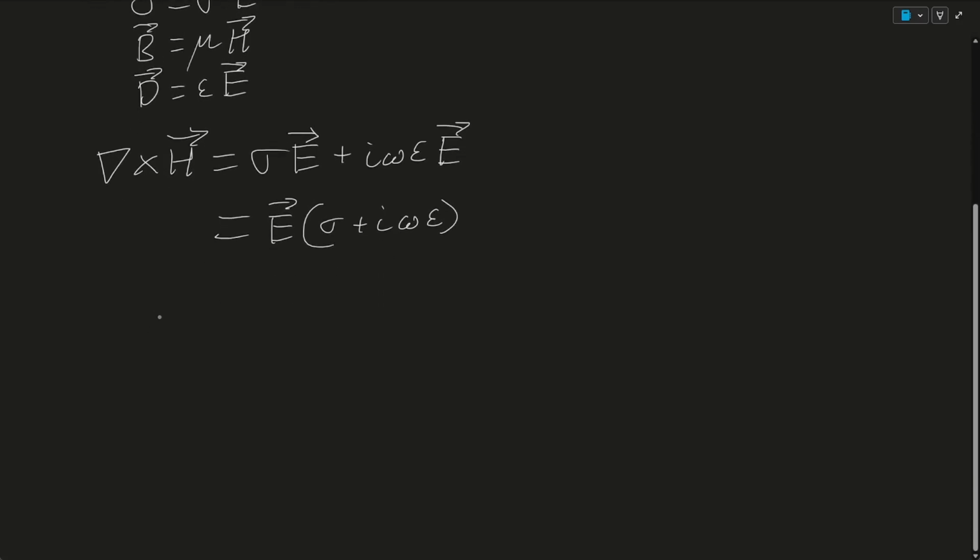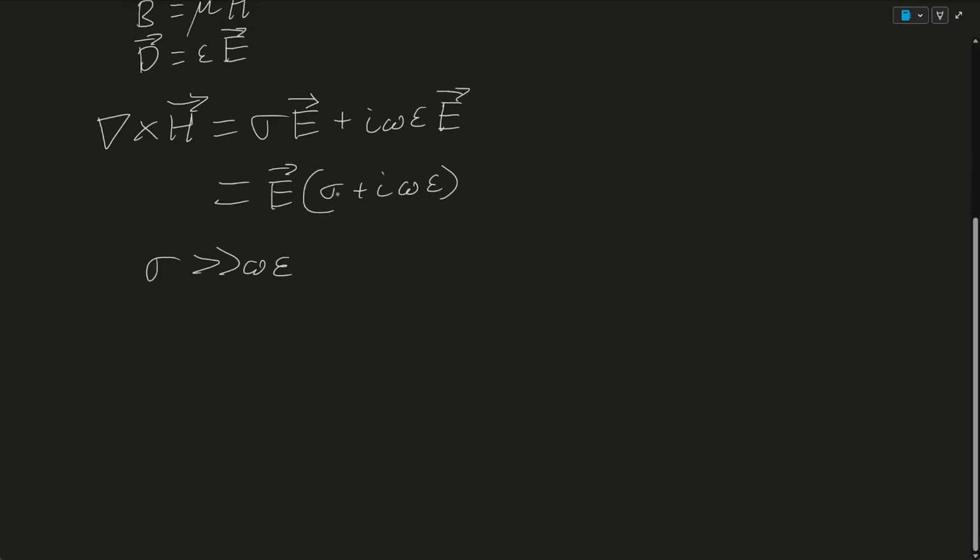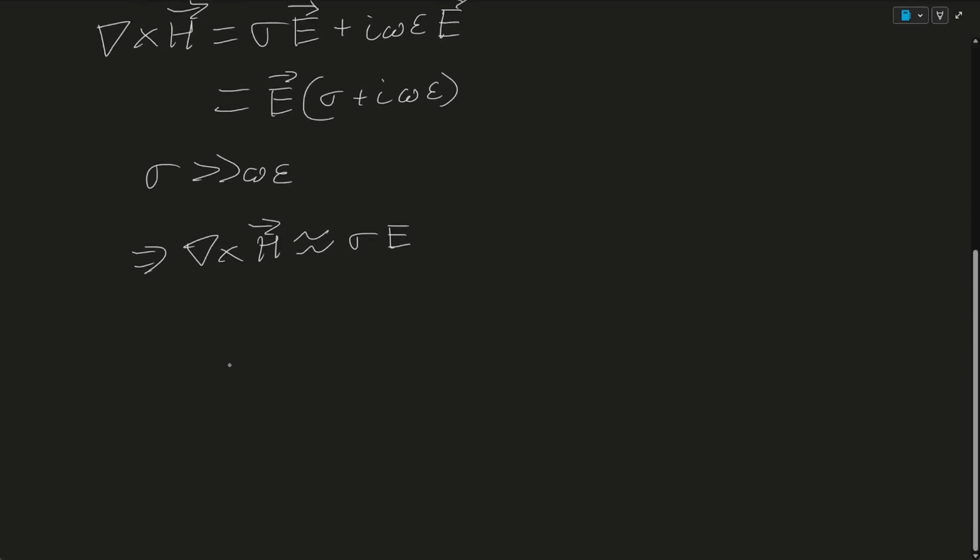Now we're going to assume a good conductor. So what we can say there is the conductivity is much bigger than omega epsilon, the displacement current, so we can ignore this term. Therefore curl of H is roughly equal to sigma E, which is nice.